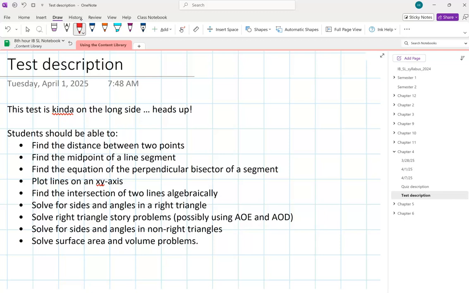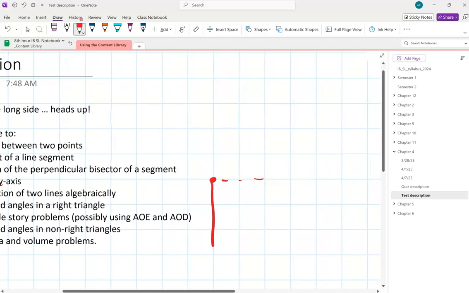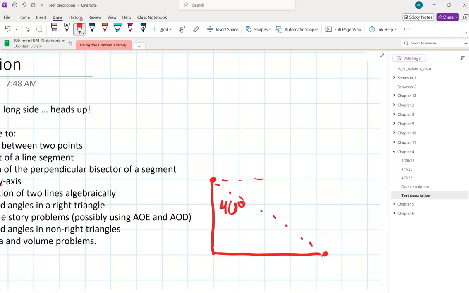You have the person up here looking down at something down here, and it says there's a 40-degree angle of depression. A lot of people put it here. It's the wrong spot. It's always from the line of sight. A lot of people made that mistake.